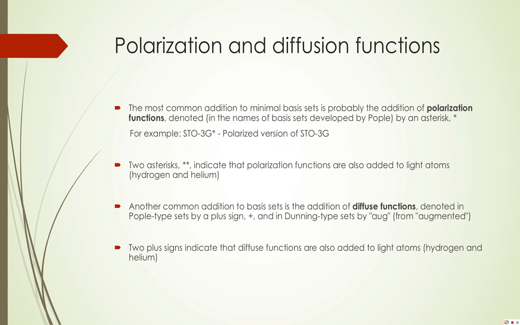Then another common addition to basis sets is the addition of diffuse functions. Diffuse function is denoted in Pople type sets by a plus sign, a positive sign. This is for John Pople type sets, and Dunning type sets like AUG, from augmented. Two plus signs indicate that diffuse functions are also added to light atoms like hydrogen and helium. Next slide.